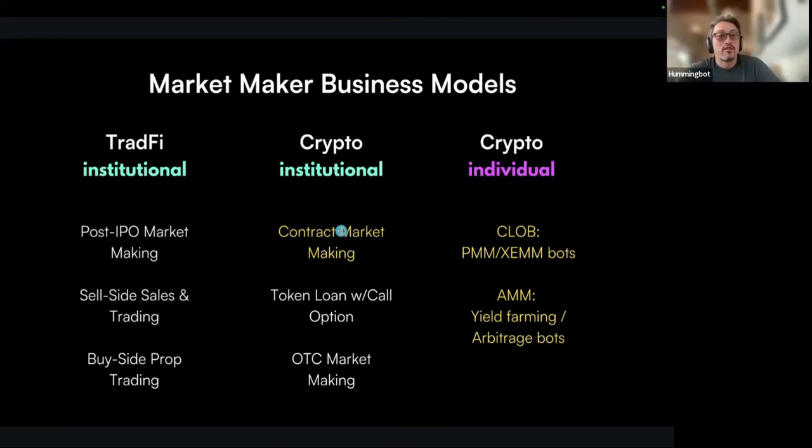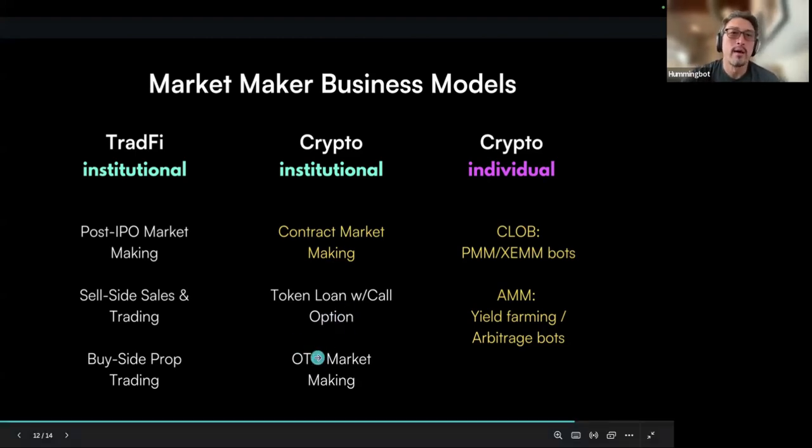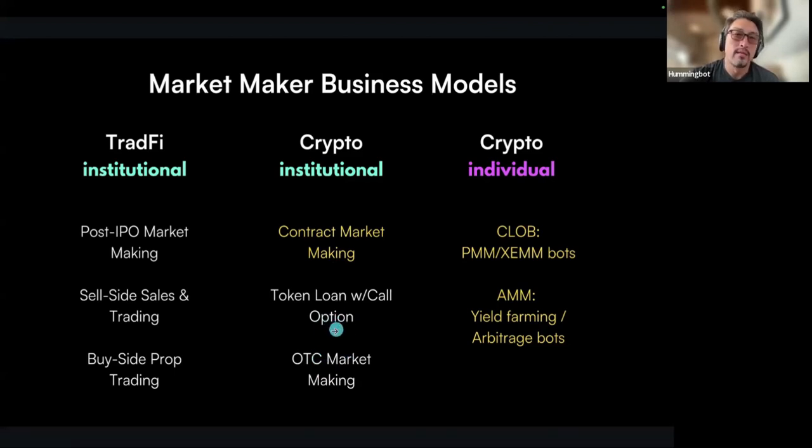In addition, exchanges, both big and small, also pay for market makers to provide liquidity. There used to be two other models I'm not going to go into much because these are really done by very large market makers like Jump or Wincommute. But these two models are very similar to the sell side market making models that exist in TradFi.